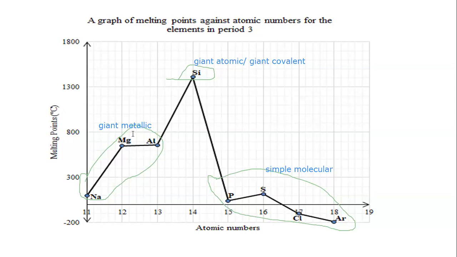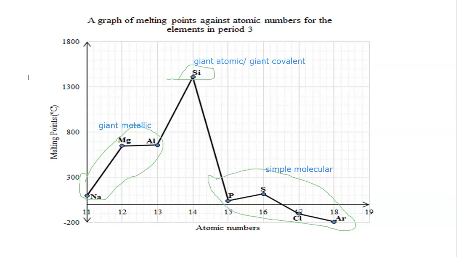Now these metallic bonds, their strength depends on the number of electrons contributed per atom towards the metallic bond formation, and also on the atomic size. There are two factors that affect the strength of the metallic bond. So we base on two things.